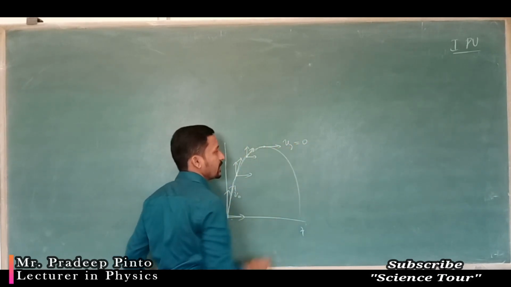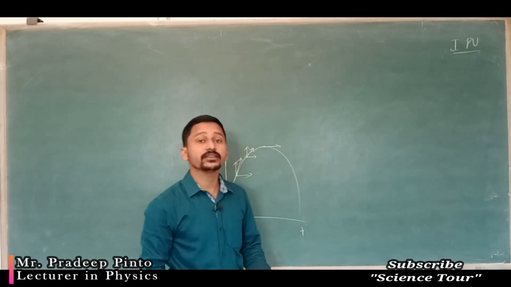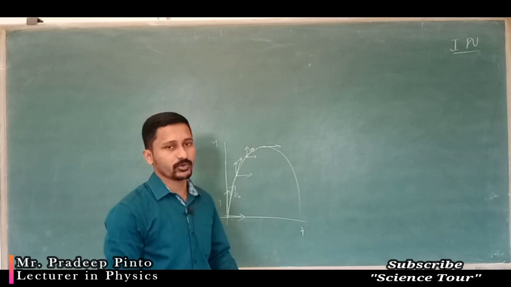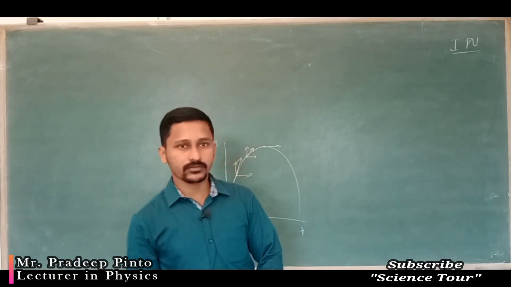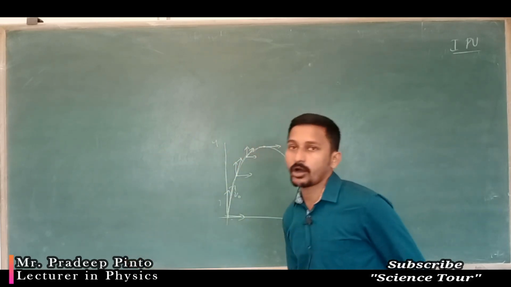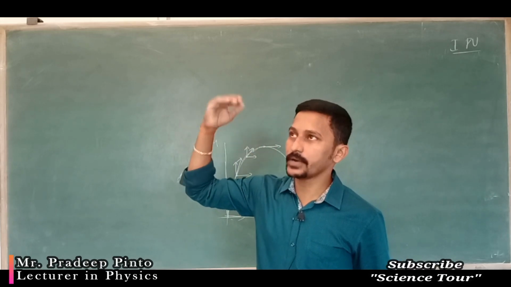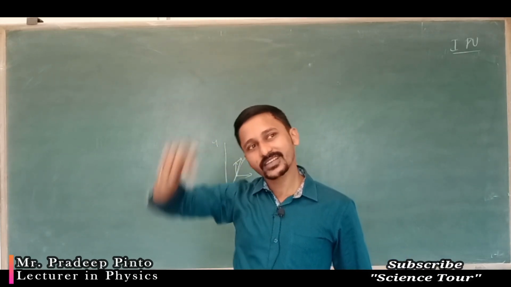Then what is the remaining velocity? What is the velocity at the highest point? Generally the thought comes to your mind that it is 0, because when you throw an object upward, it goes up, and at the highest point the velocity becomes 0.